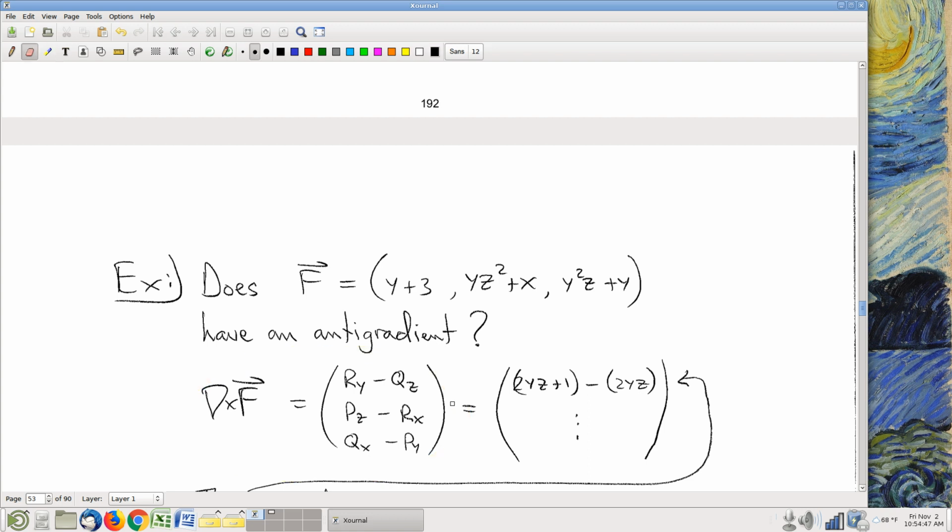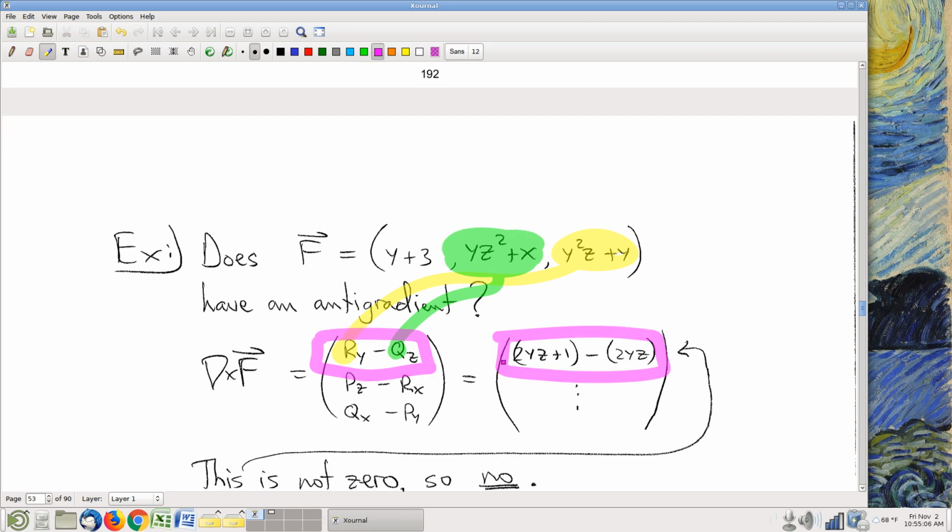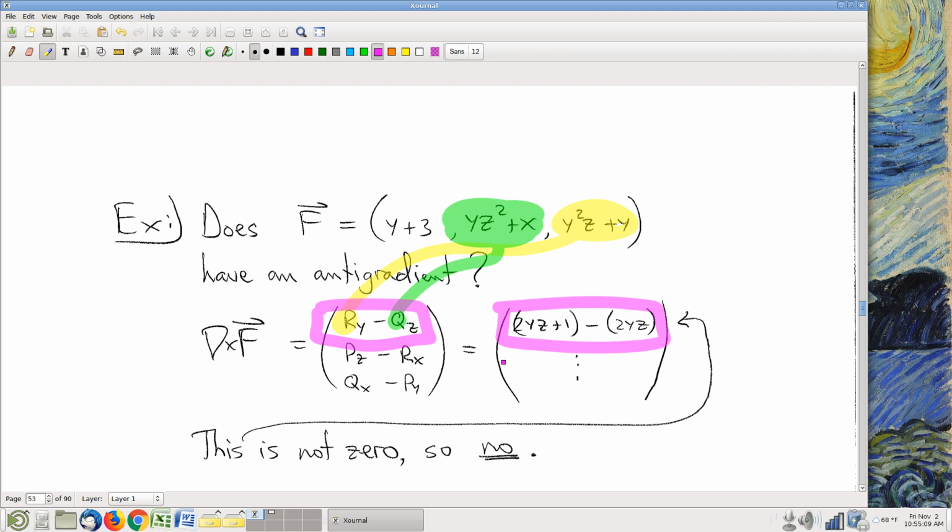And we start computing, and let's see, the y partial of r, there's r, take its y partial. The z partial of q, well, there's q, take its z partial, subtract, and that first component of curl is this, which, by the way, is not 0, so I don't even have to compute the rest of this.